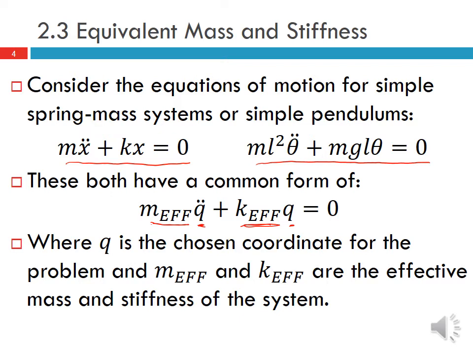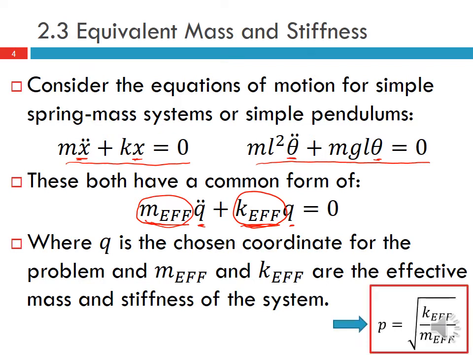You can see for linear spring mass systems, it's x, and for an angular system like a pendulum, it's theta. And then m effective and k effective are the effective mass and effective stiffness of the system. So m effective is just everything that's in front of that q double dot, and k effective is everything that's in front of the q when it's written in this form. And then when we have it like this, the natural frequency is equal to the square root of k effective over m effective.